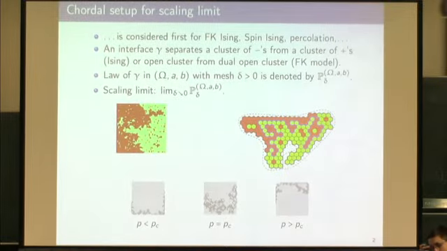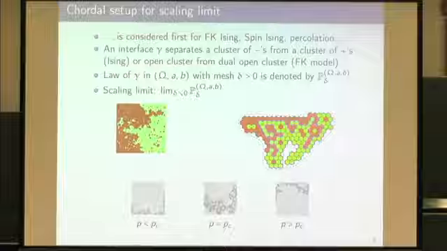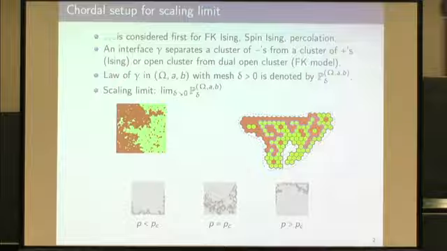Then I quickly mention that usually when you study all these models and you want to study the random geometry of the interfaces, you start from this kind of Dobrushin setup where you piecewise fix the boundary conditions, like in the Ising model you have plus spins and minus spins on these boundary arcs, or here we had the free or wired boundary conditions.